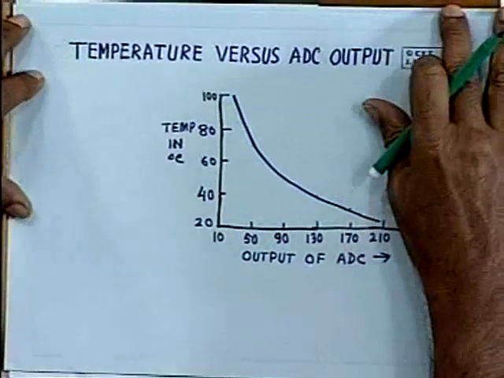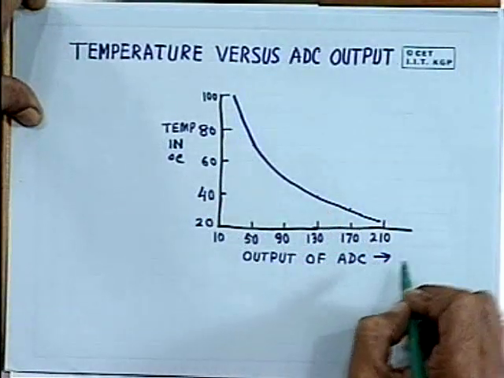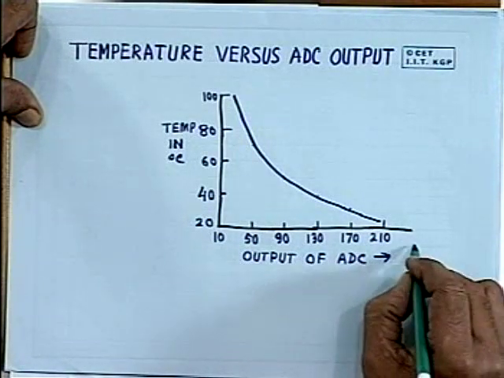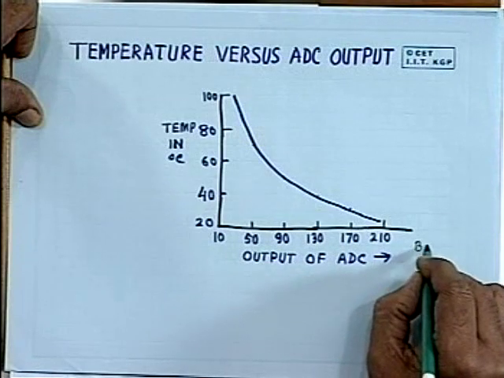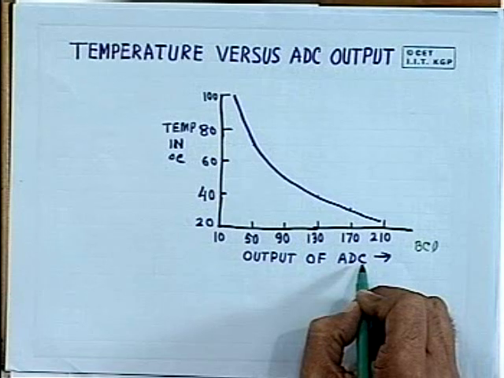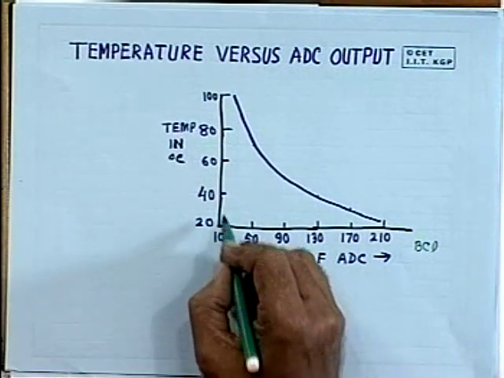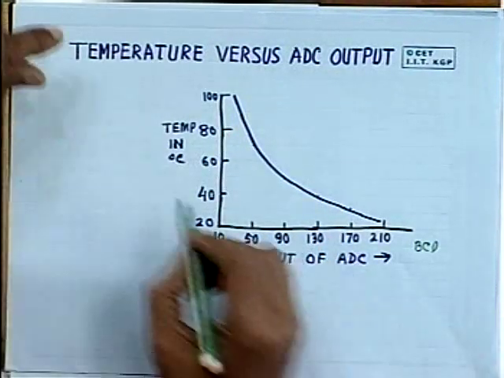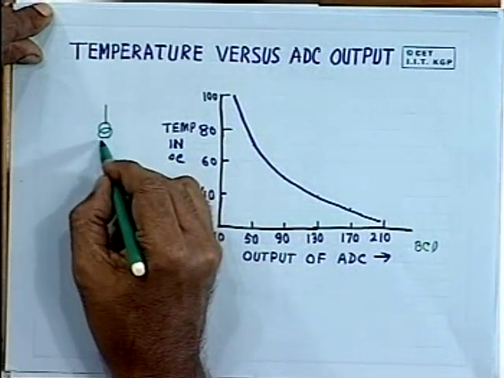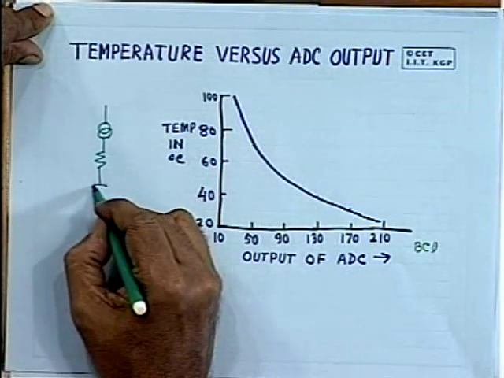For that purpose, we have used an interesting technique. Here you see we have plotted a diagram which shows the output of the analog to digital converter, although here I have represented it in BCD, not in binary, but you will get the data from the ADC in binary. And here is the temperature. The constant current source that you are passing through the thermistor is generating a voltage.